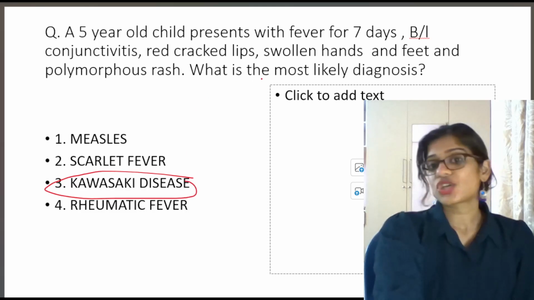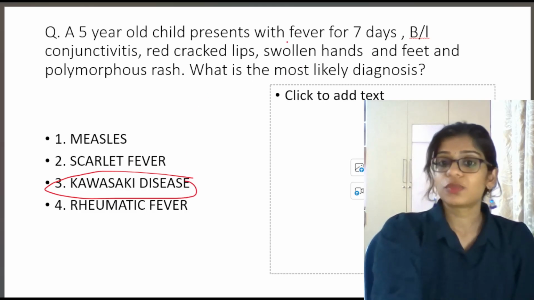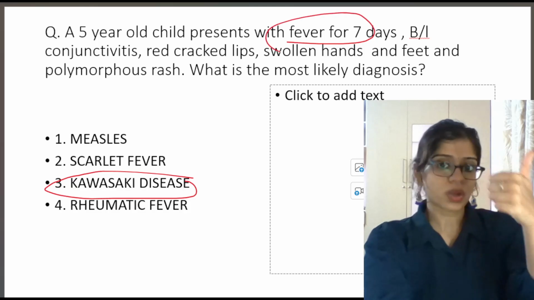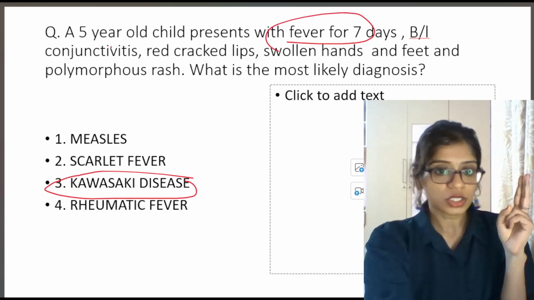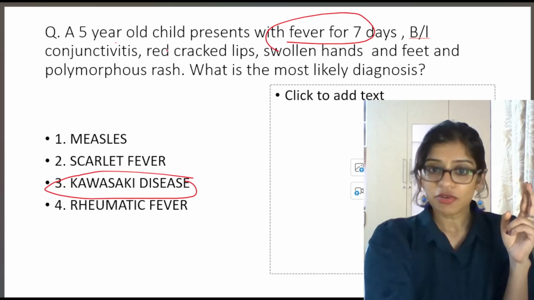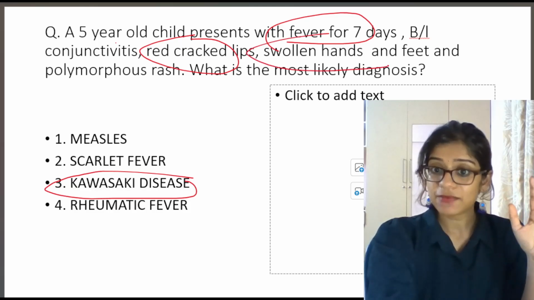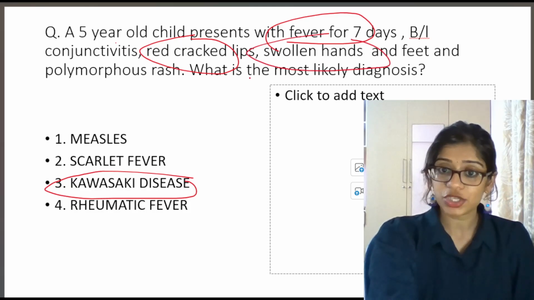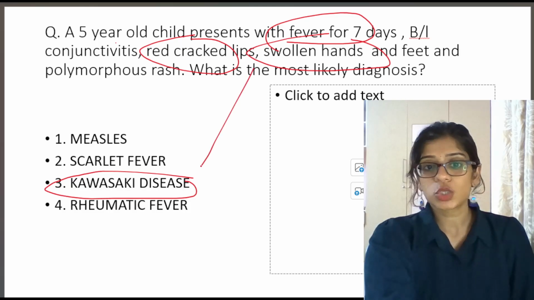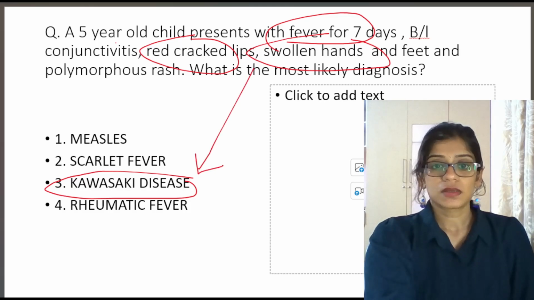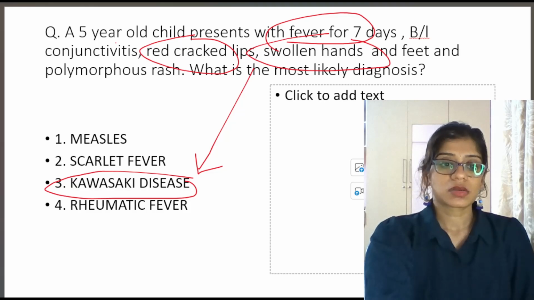This child has fever for more than 5 days, that is one criterion. Then bilateral conjunctivitis, red cracked lips, mucosal involvement, swollen hands and feet, and polymorphous rash. So all these point towards what, dear? Kawasaki's disease.